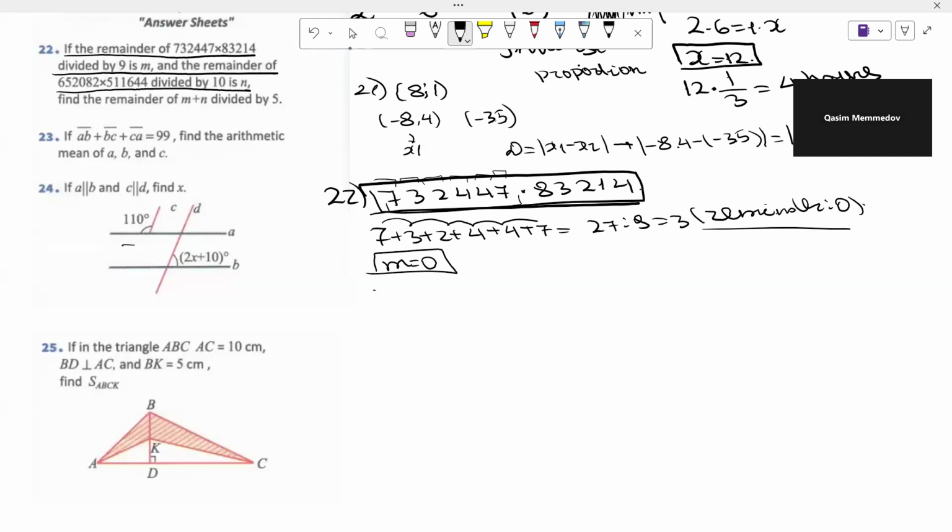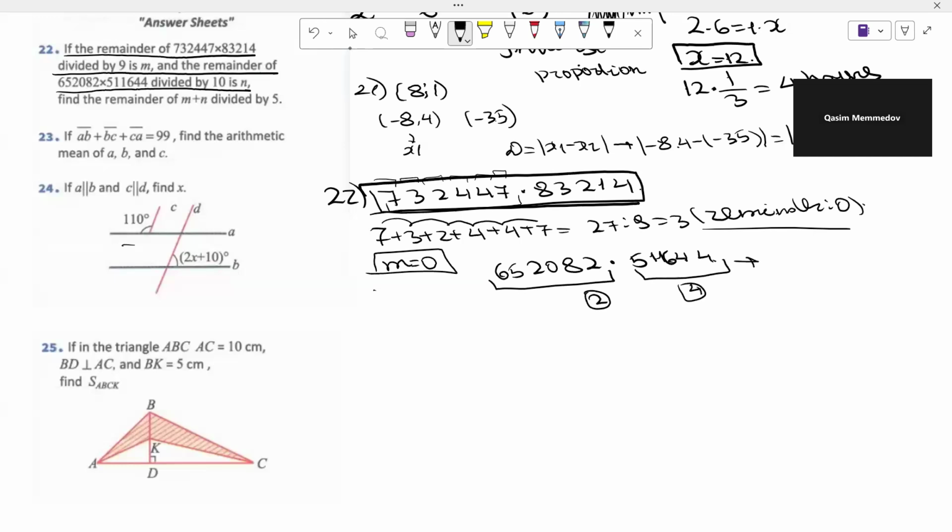Let's continue with the second one. Multiply by 4. When we divide this number by 10, the remainder in there is 2. And the remainder in there is 4.